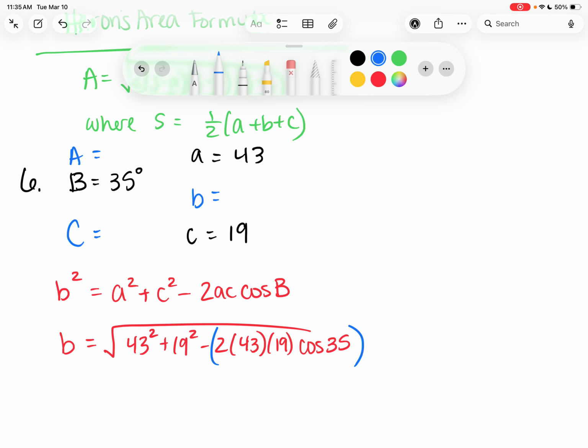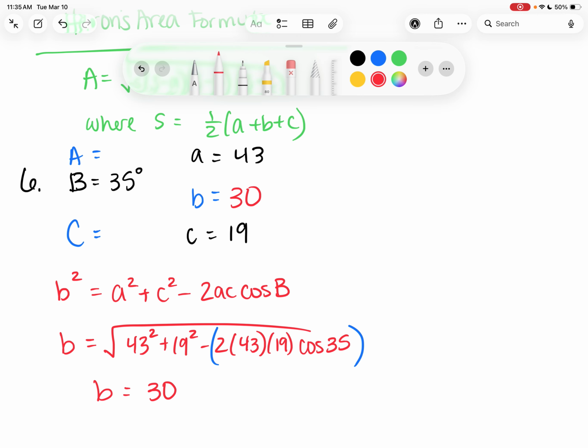I got 29.5. So then we'll round it to 30. Again, if they start you with decimals, then you can go to that, but if not, just round to the nearest whole number. So it is 30.